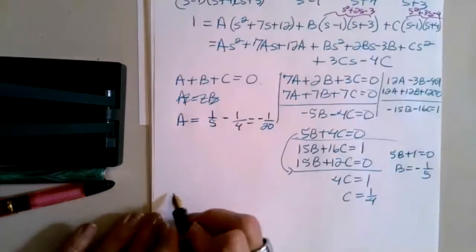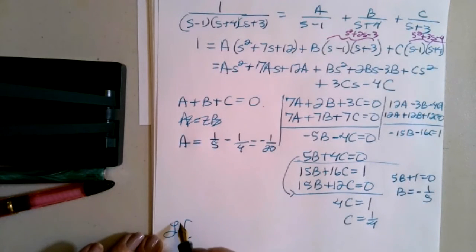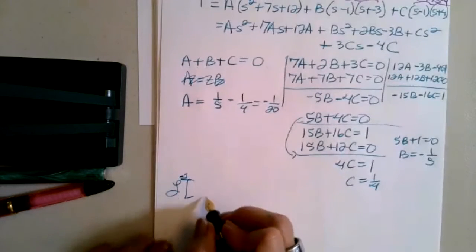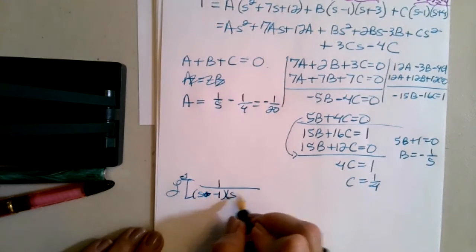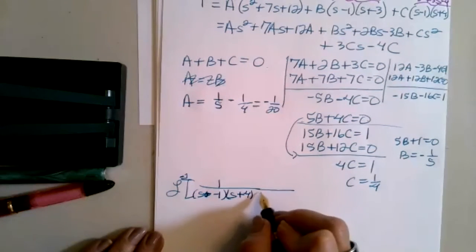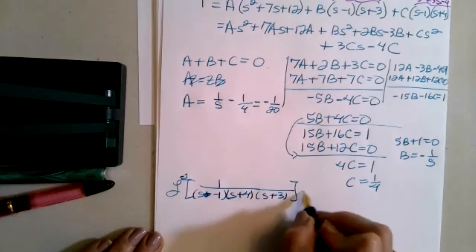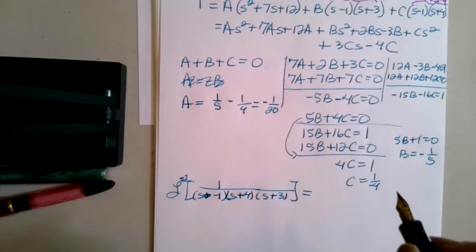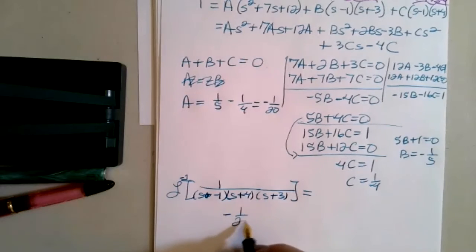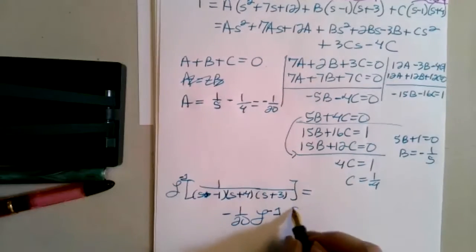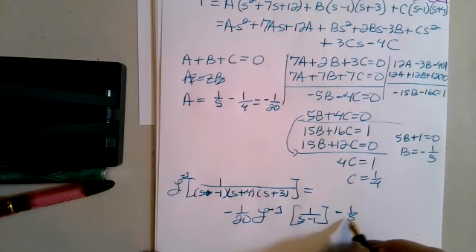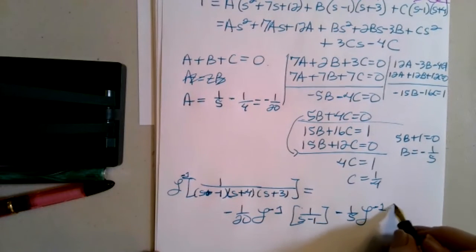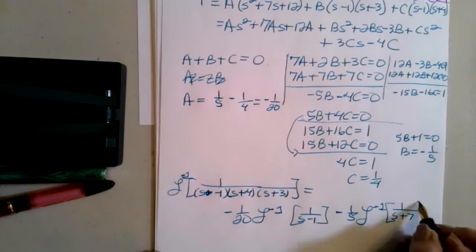Okay, so you invert that Laplace transform of the first one. A was minus 1/20 times the inverse Laplace transform of 1 over s minus 1. And then B is minus 1/5 times the inverse Laplace transform of 1 over s plus 4.